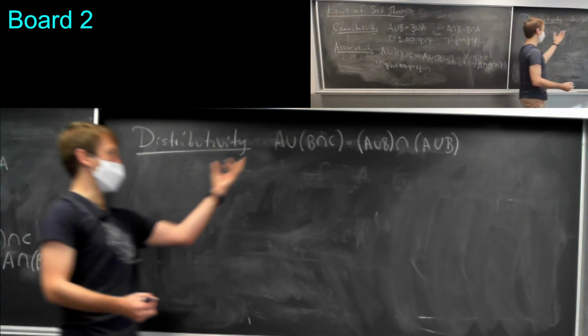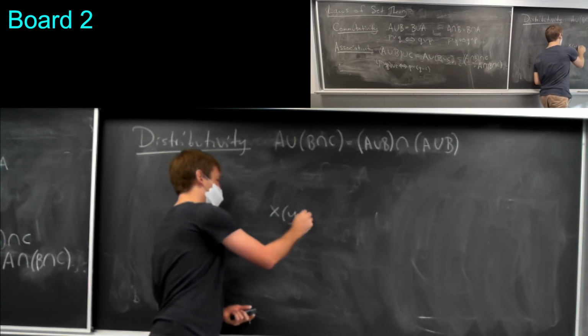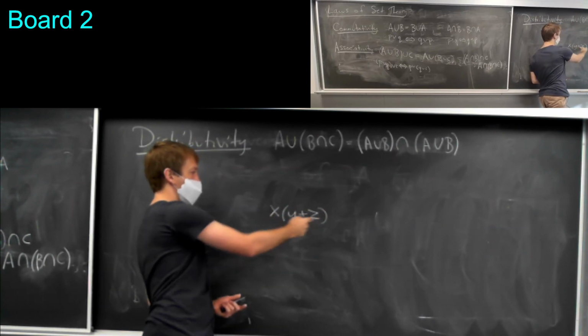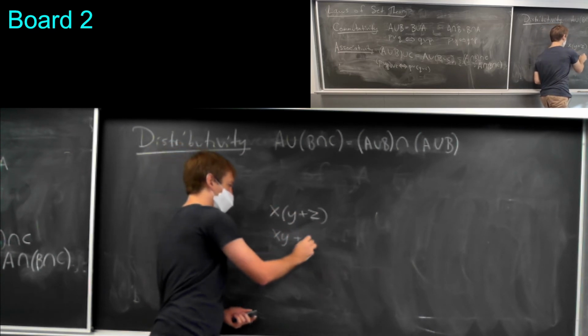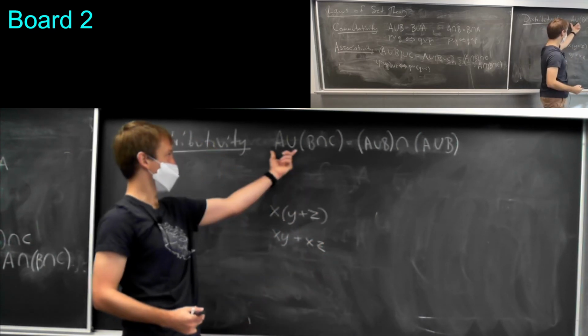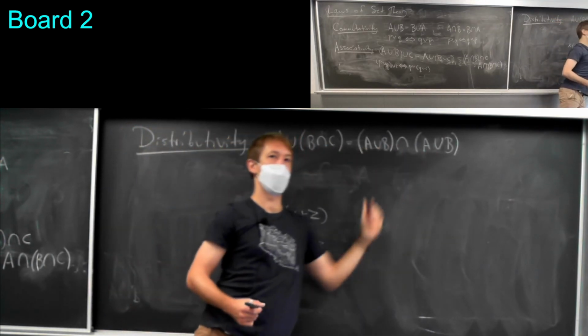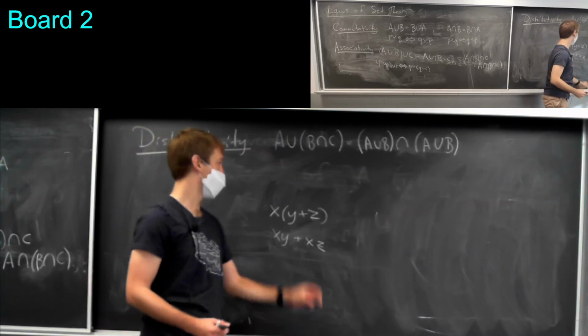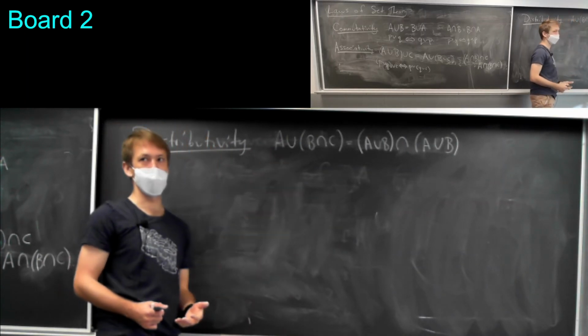It's like when you have x times y plus z, you can bring the x inside. So you bring the A union inside, and you put it like that. And this is exactly the same as with logic.